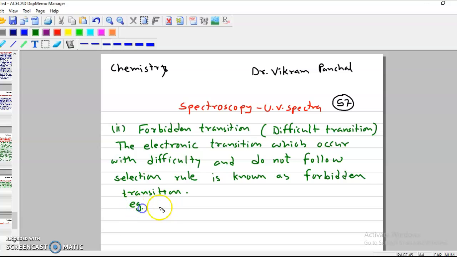As for example, n to sigma star transition, n to pi star transitions. These kinds of transitions are forbidden. Forbidden transitions occur with difficulty.